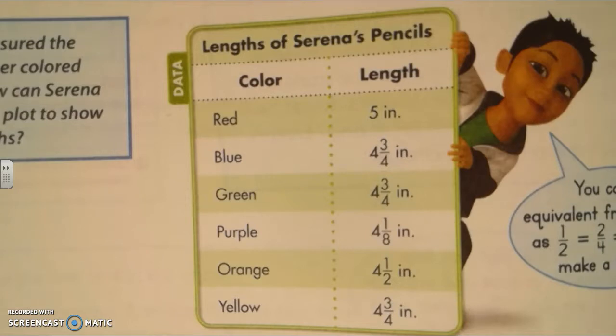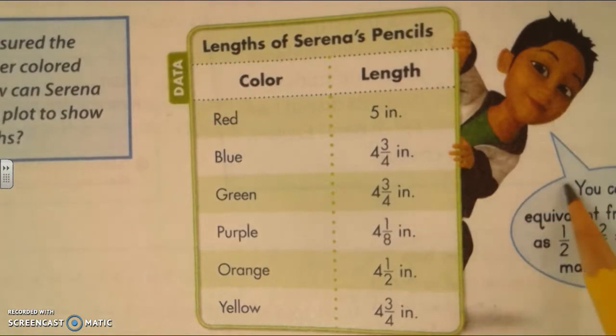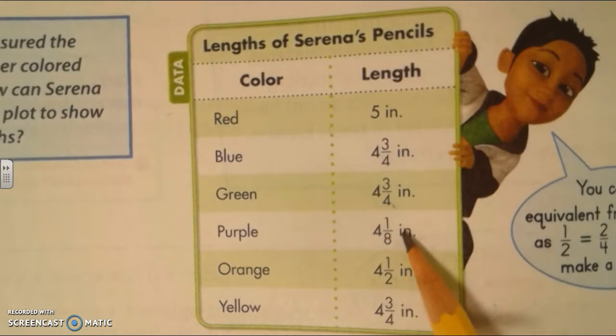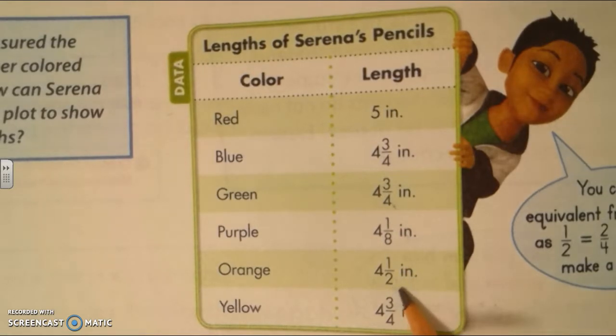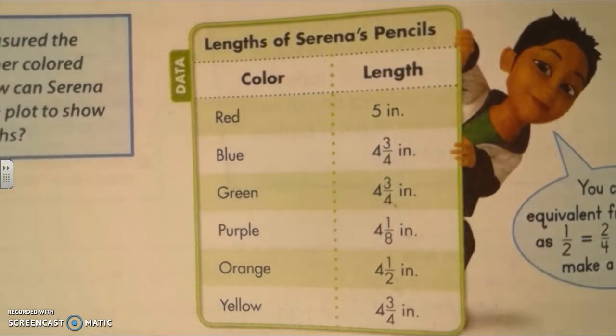Now, the first thing that we have to do is figure out what numbers are going to go on our line plot. Since we're using fractions, we have to make sure that the fractions line up. So we have fourths, eighths, and halves right here. Well, we're going to have to use equivalent fractions, and I can make all of these into eighths.